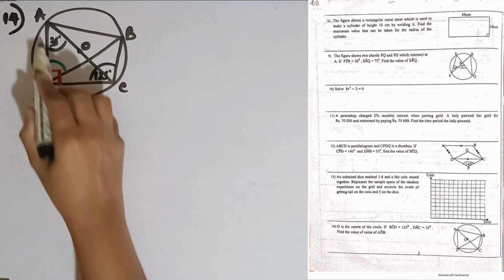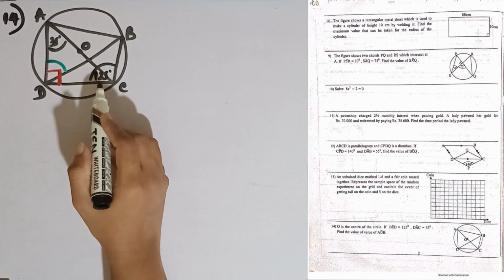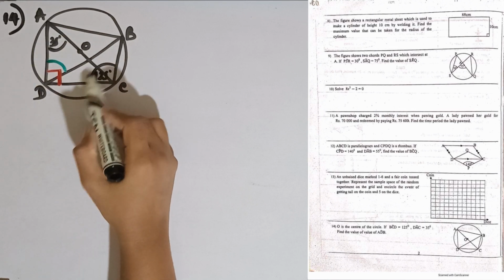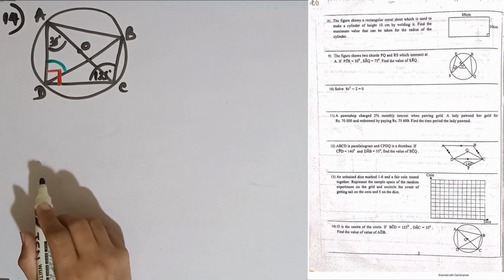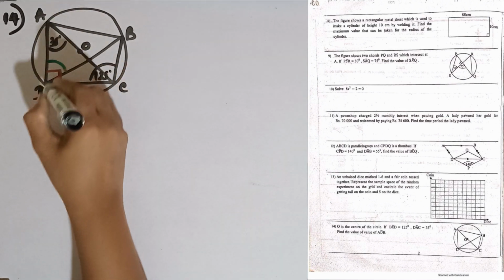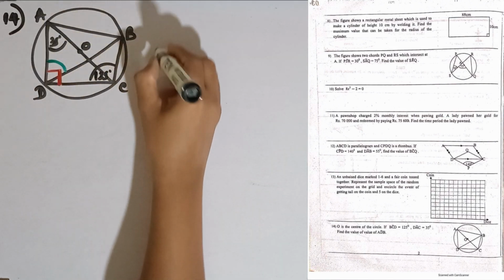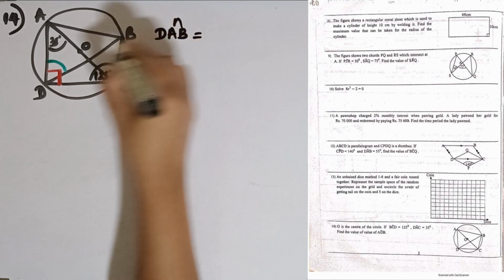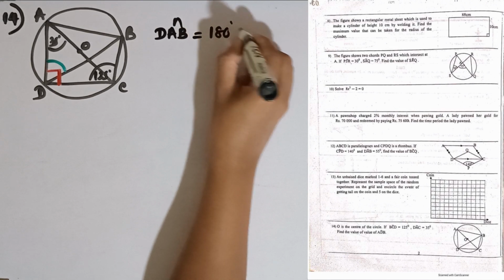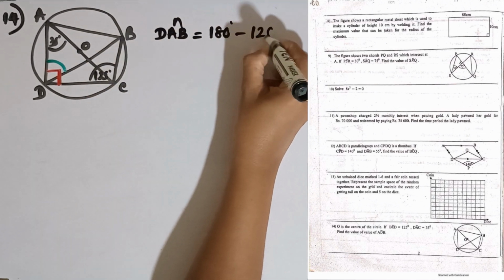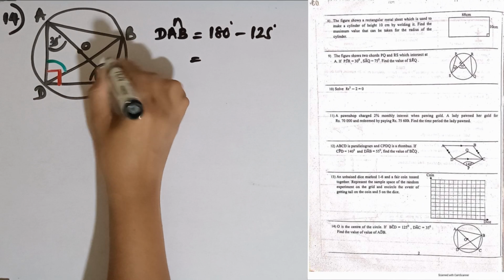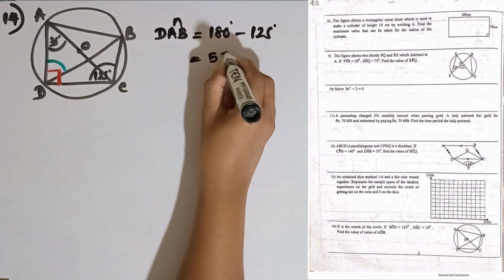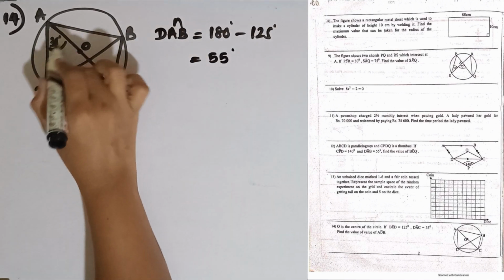As this is a cyclic quadrilateral, the sum of these two opposite angles equals 180 degrees. This DAB angle equals 180 minus 125, as these two angles are supplementary. So this is equal to 55. This total angle is 55.